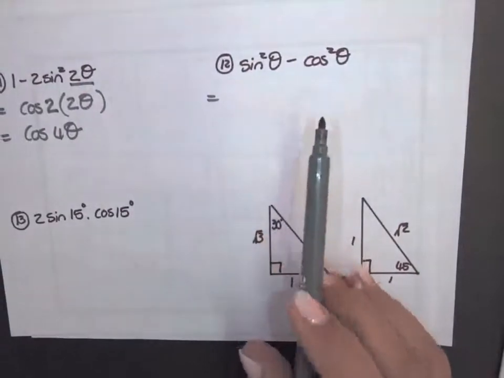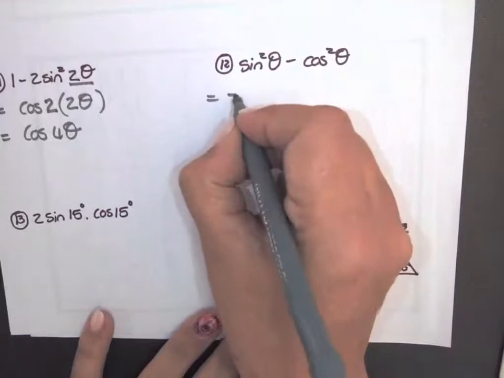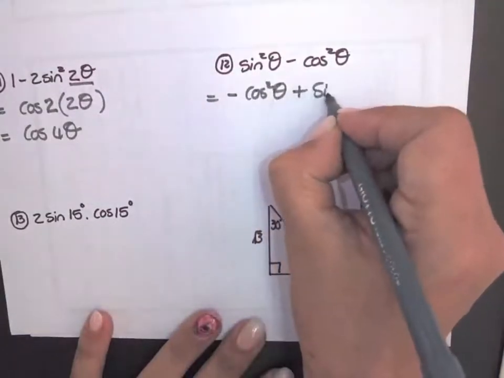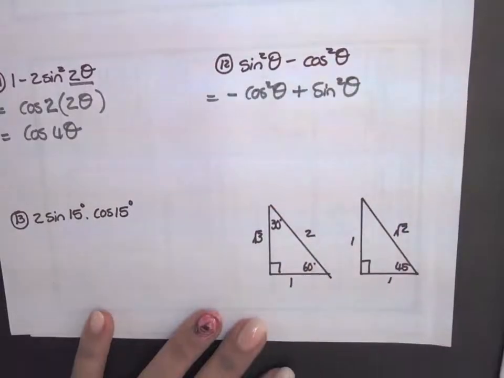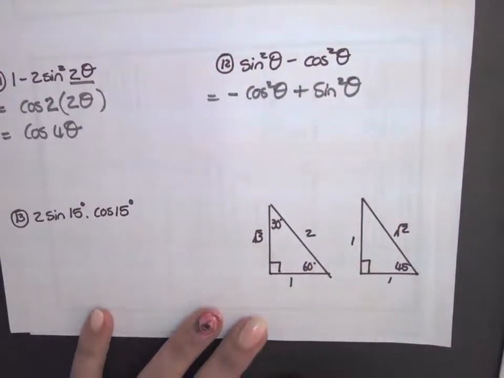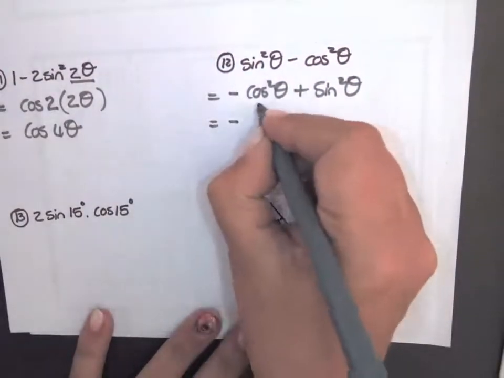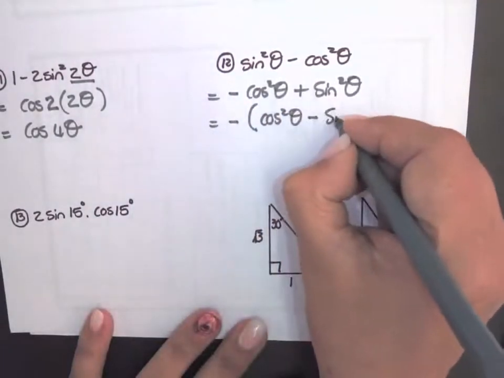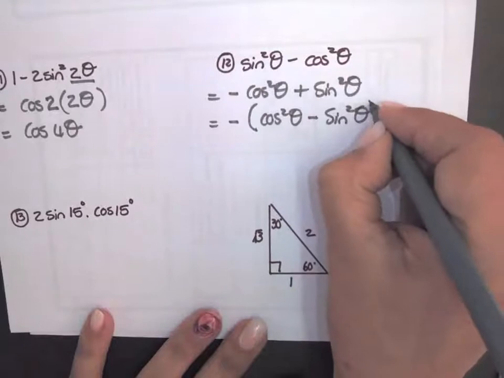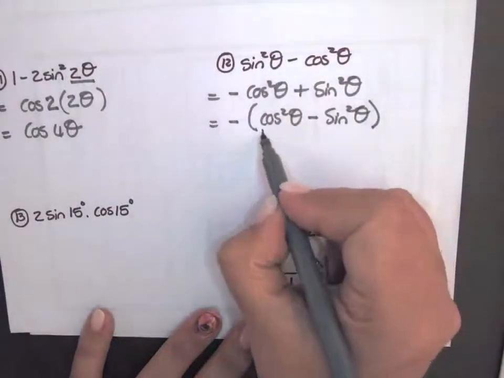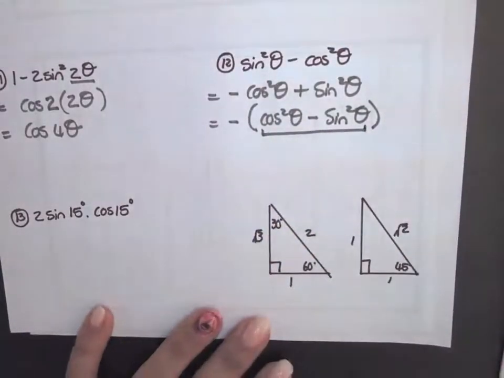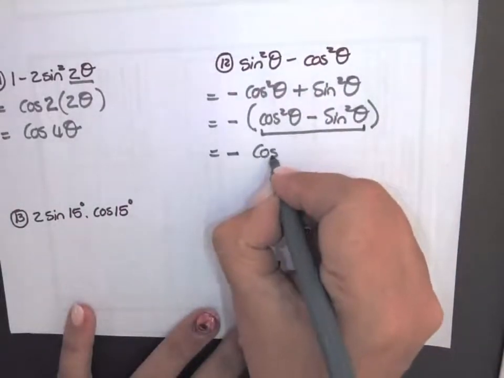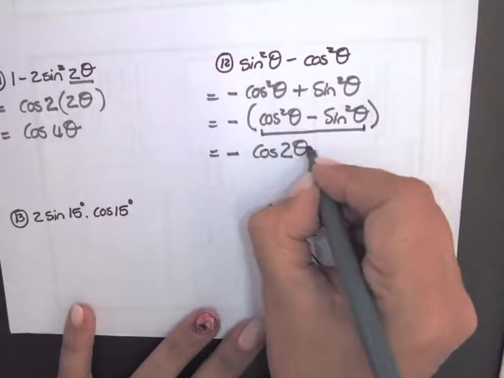So let's first swap the two. Minus cos squared theta plus sine squared theta. And then we take out a minus 1. Cos squared theta minus sine squared theta. And now we have our double angle for cos. So it will be minus cos 2 theta.